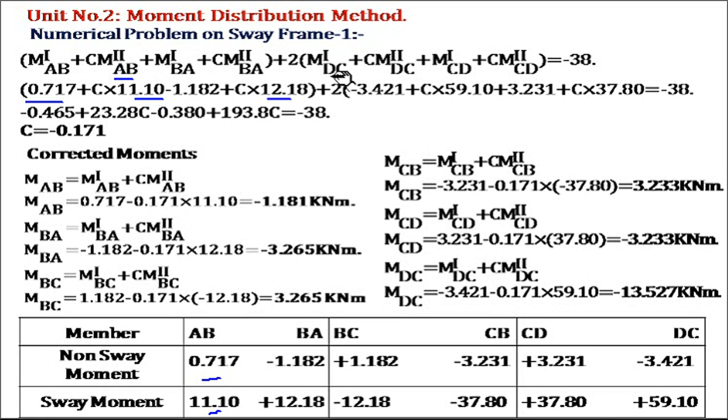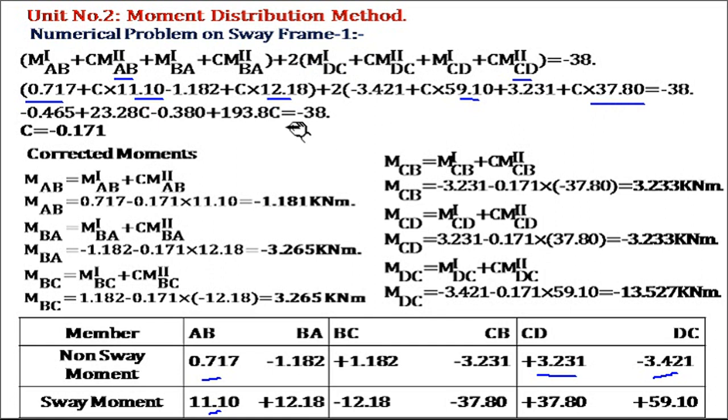Now the non-sway moment in member DC is minus 3.421 and the sway moment in member DC is 59.10. Now the non-sway moment in member CD is 3.231 and the sway moment in member CD is 37.8. So by putting these values, only one unknown is there, that is C.